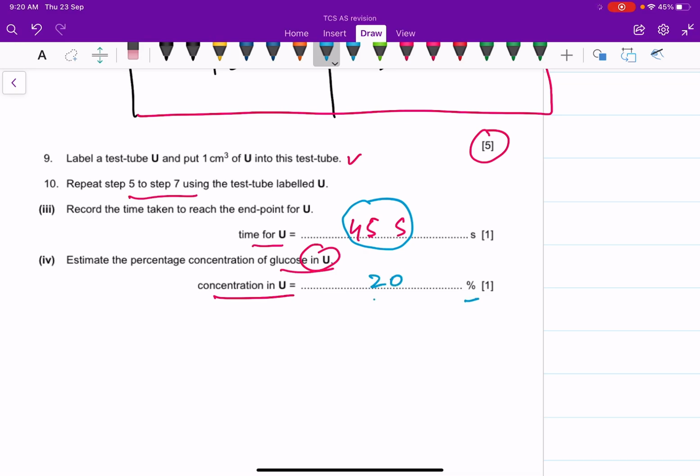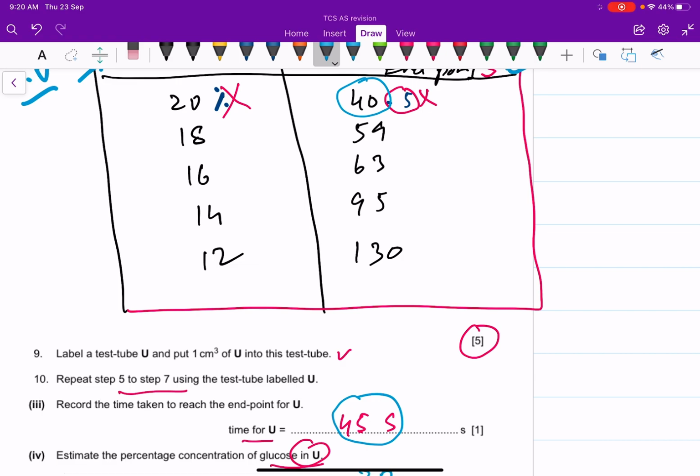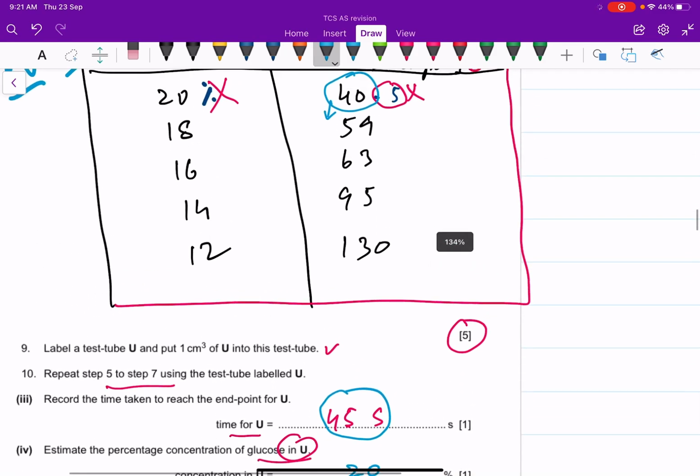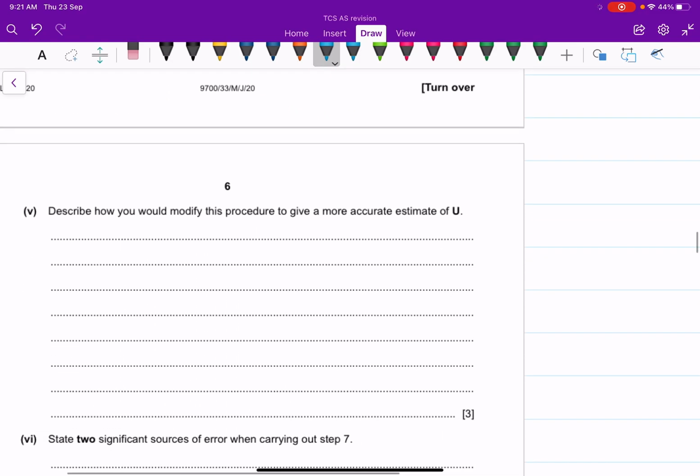The unit has already been written, so I'll write 20%, or maybe less than 20%. The time taken is more than 40 seconds, so the concentration should be less than 20%, but between 20 and 18%.